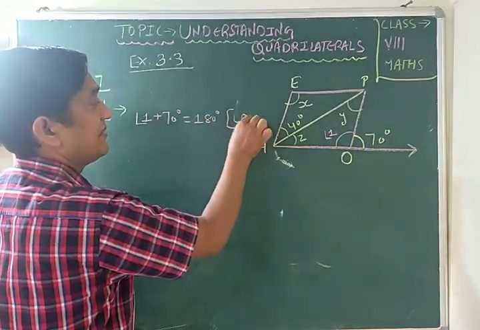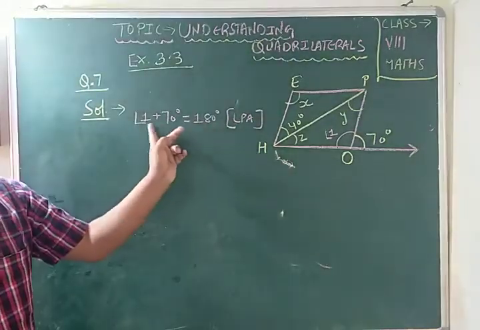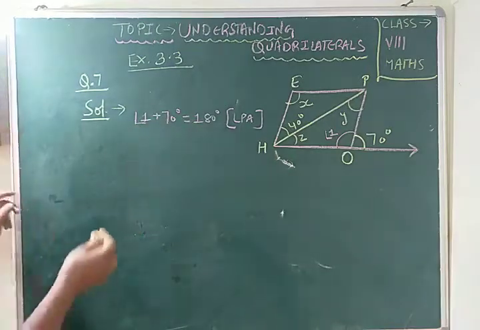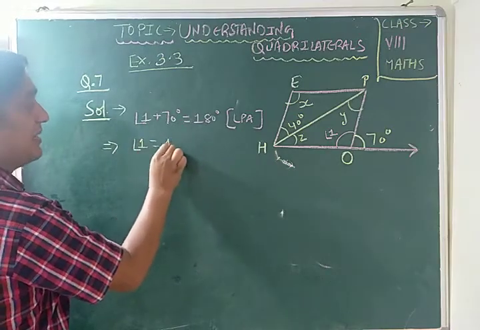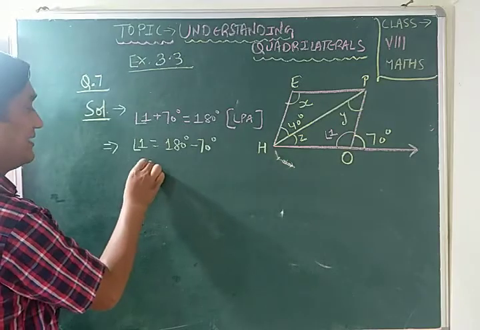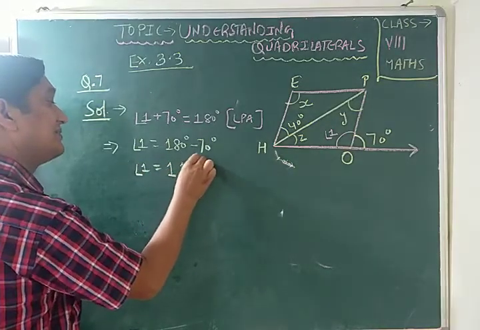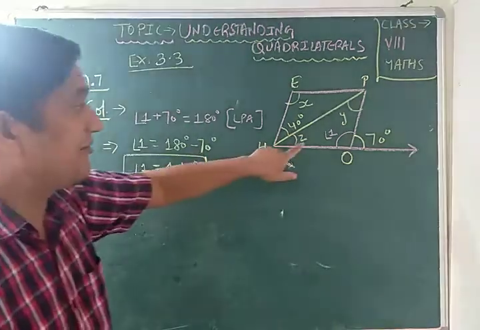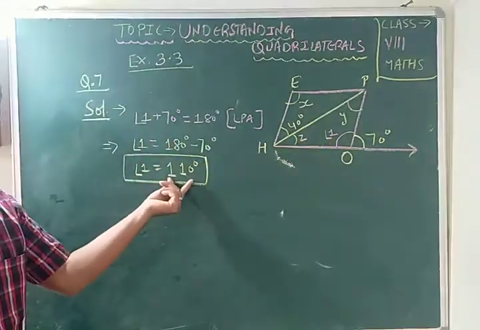According to the linear pair axiom, the sum of these two linear pair angles is 180 degrees. So angle 1 is equal to 180 degrees minus 70 degrees. The value of angle 1 is 110 degrees.